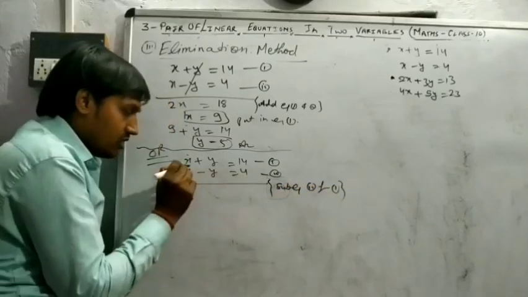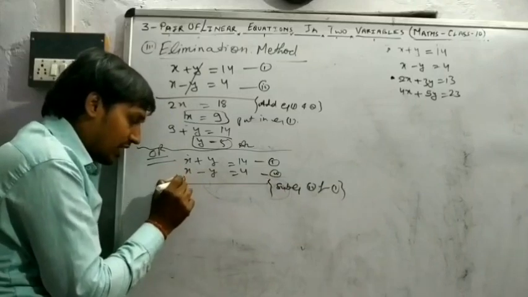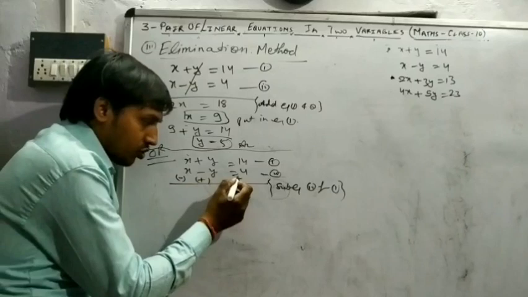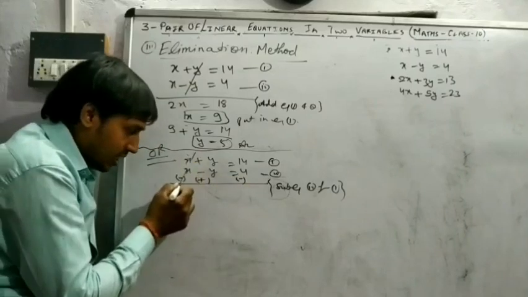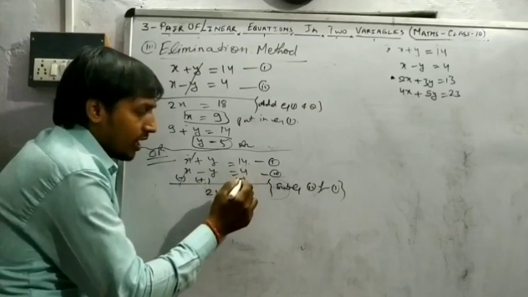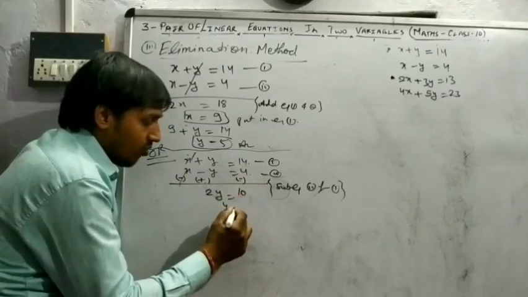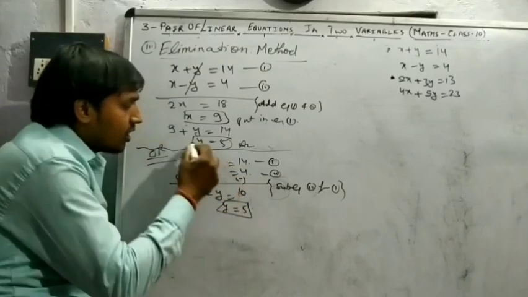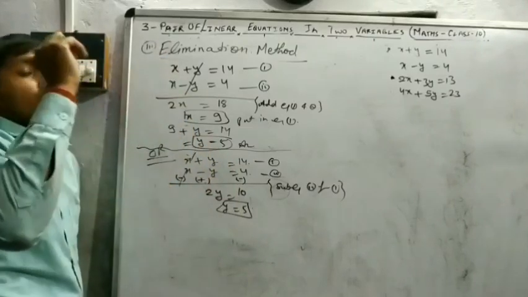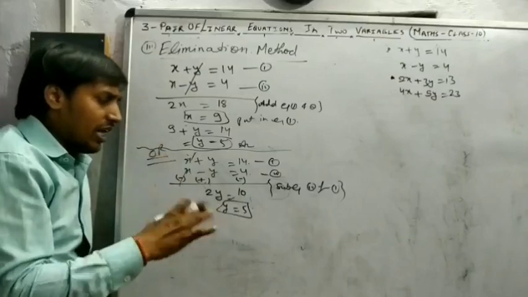Second from first means change all the signs of the second. Plus 2 minus, minus 2 plus, 2 minus. X minus x cancel. Y plus y, 2y, 14 minus 4, 10, y is equal to 5. Giving the same answer. Either you use the elimination method, or graphically, substitution, any method.